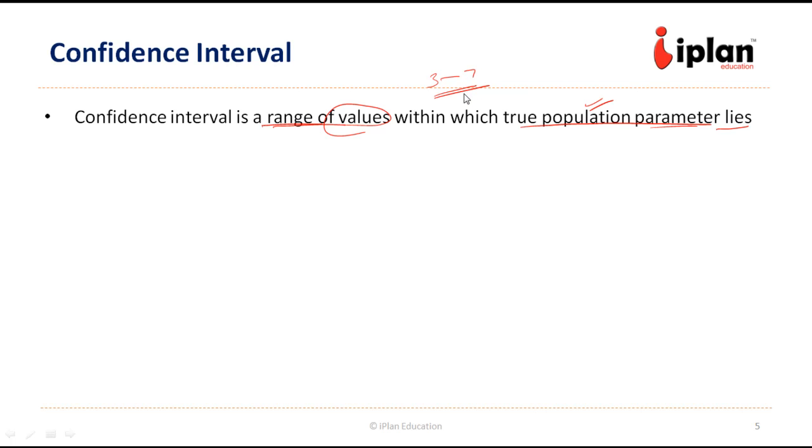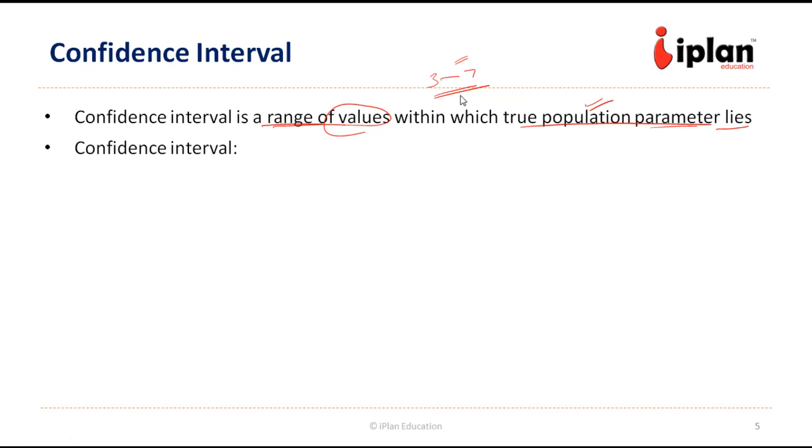This was the range in which the population parameter would lie, and there were a number of elements within this limit, or we can say, what are the chances of one particular element being within it. That chance is nothing but the confidence. So our confidence will be based on probability, and it will be a range.